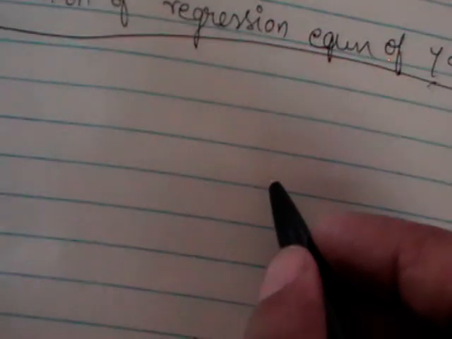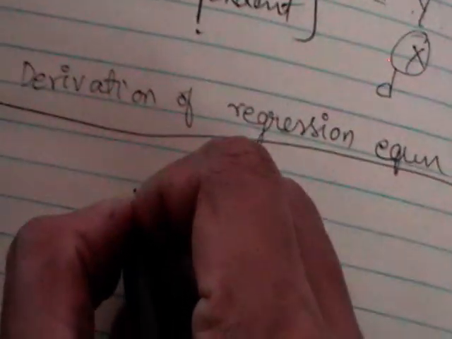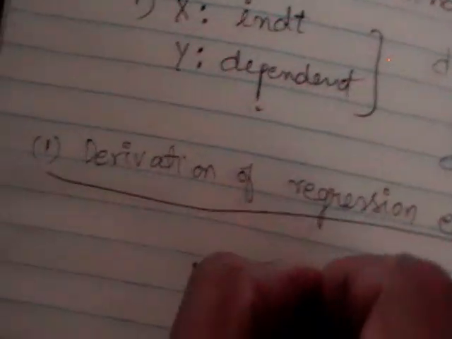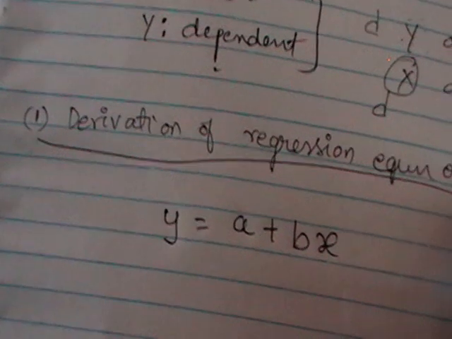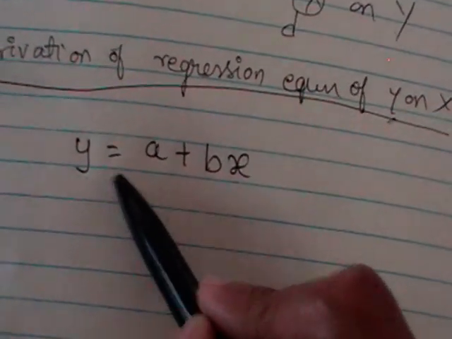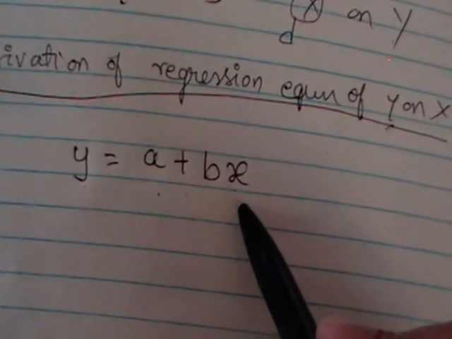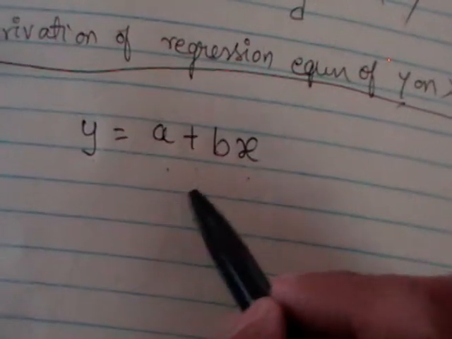As we are considering y on x, you can write the regression equation as y is equal to a plus bx. Linear means straight line. So as you are calling this the y on x equation, we start writing with y is equal to a plus bx. If it is x on y, you will write x is equal to a plus by.